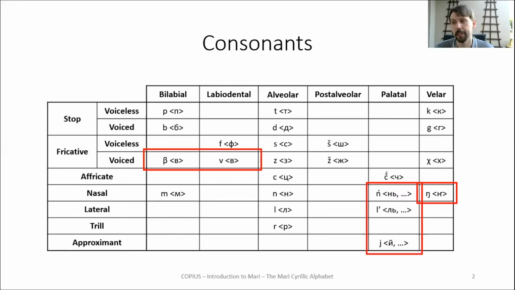If you know the Russian orthography, you know what I'm talking about. This Russian system was adapted in Mari, but not perfectly. And we're going to look at the peculiarities in a moment.